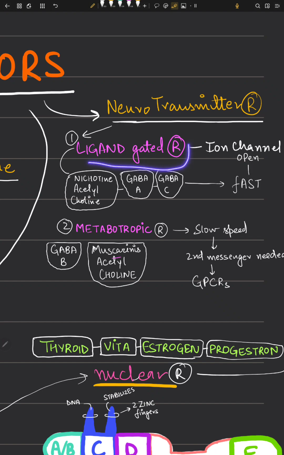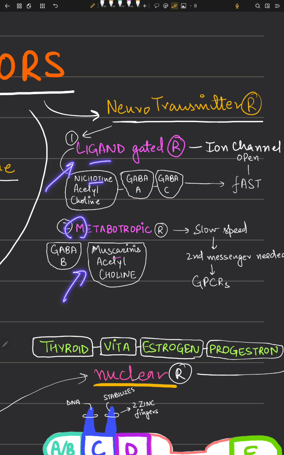Okay, what about ligand gated receptors? These are ion channels, so they are fast. A lot of negative and positive charge going down and up, changing the electronegativity of the cell. Cool. So the ion channel opens, a lot of negative charge comes in or maybe out, depending upon the situation. And what attaches? Nicotine attaches here. Muscarinic attaches here.